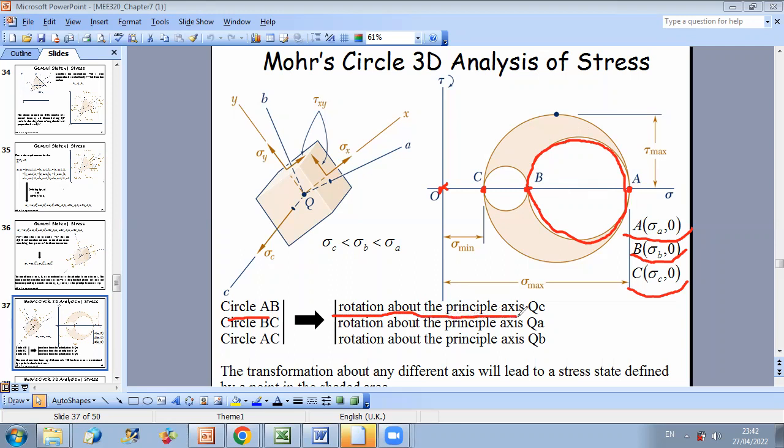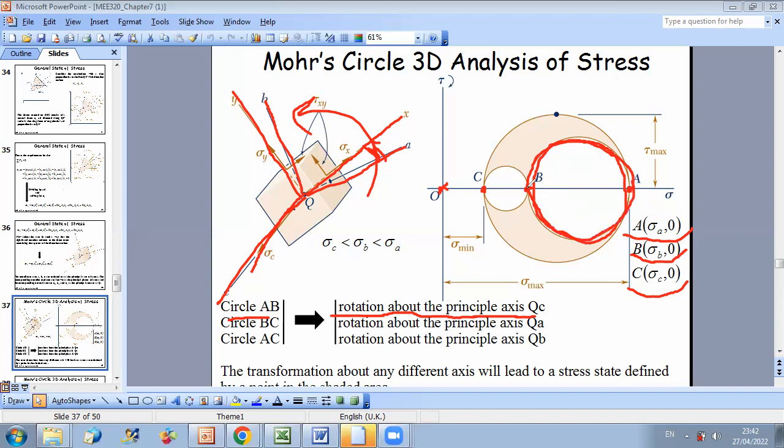So this means you rotate about axis C. If you have the state of stress in plane AB, and you want to deduce the state of stress in any frame that is rotated at a certain angle with respect to the frame AB, then your rotation will be along axis C. So we can say that this circle will represent all possible states of stress corresponding to rotation about principal axis C.